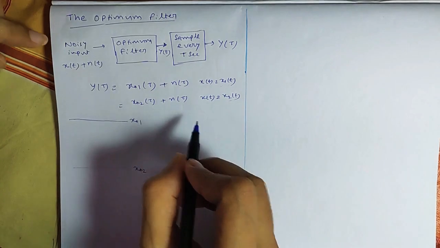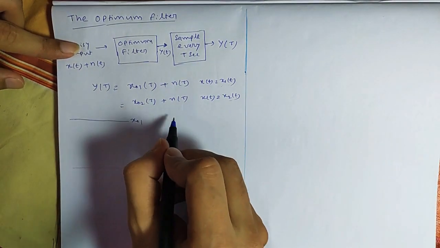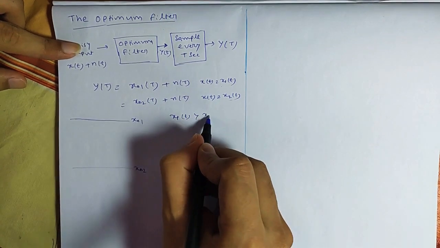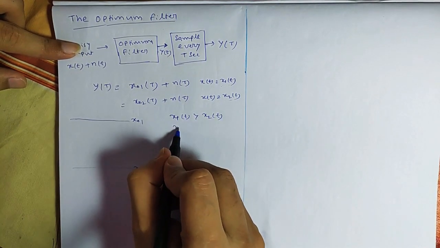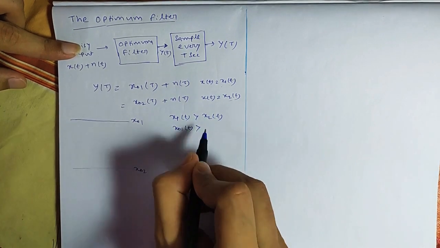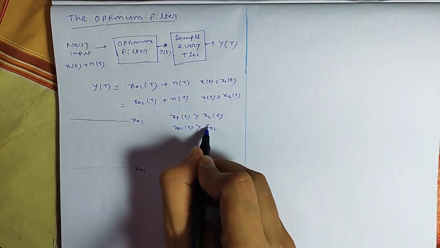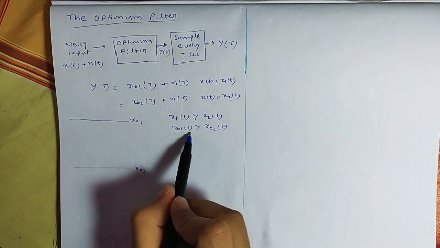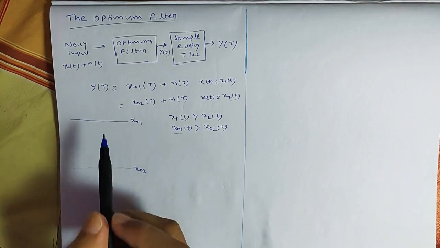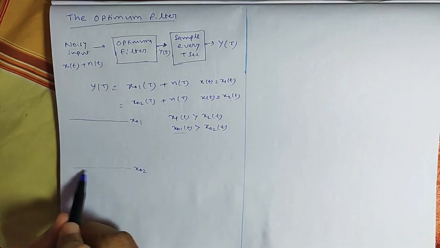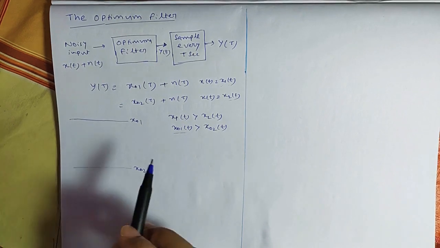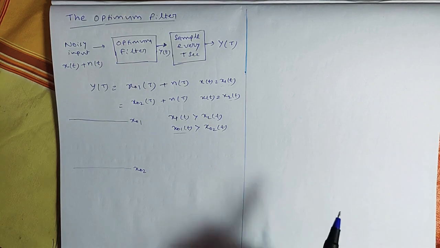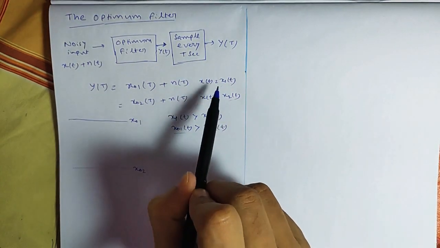Here we are assuming that x1(t) is greater than x2(t), and x01(T) is greater than x02(T). So x01 has the higher level and x02 the lower level. I'll decide a decision boundary, based on which we'll decide whether the transmitted signal was x1(t) or x2(t).